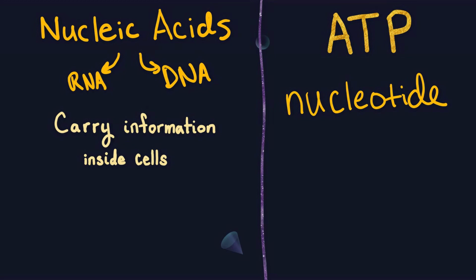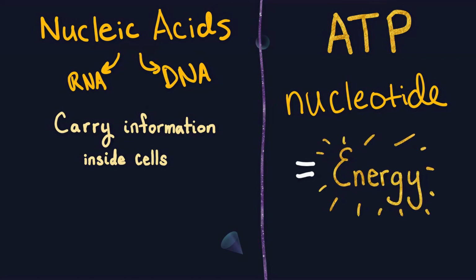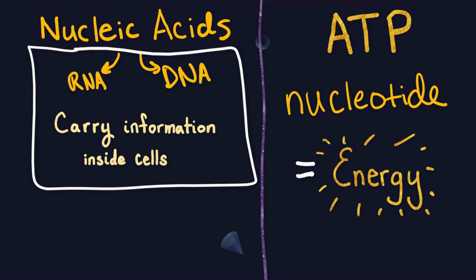It is just a monomer of a nucleic acid, and it will always stay a monomer. And its main quote-unquote function is that it is energy for the cell. So if you hear nucleic acid, you really should be more thinking about this over here, okay? Just nitty-gritty details, ATP is technically a nucleotide.